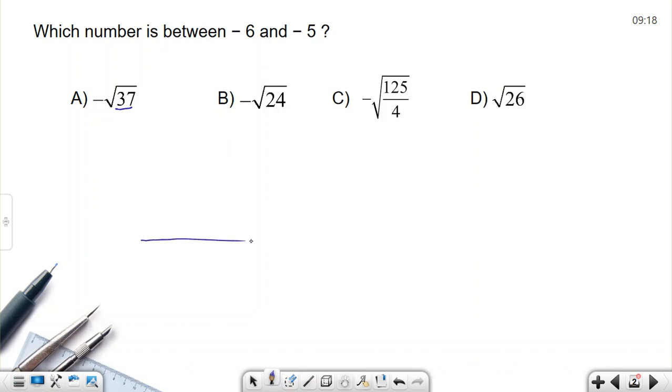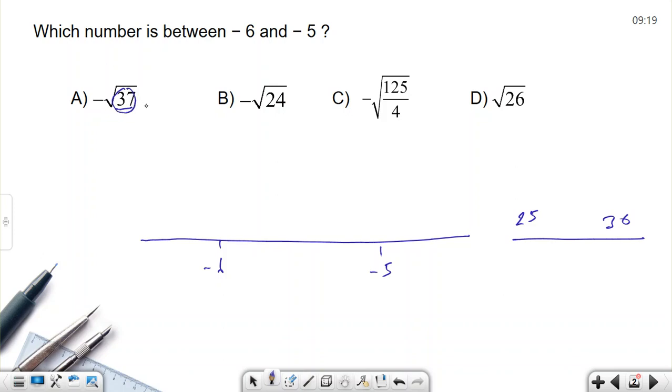So here I am going to use a number line again. Let's say this is -6 and this is -5. When I take the squares of these numbers, they become positive. So I'm going to draw another number line here. The square of -6 is 36 and the square of -5 is 25. So let's check the numbers inside the square roots.